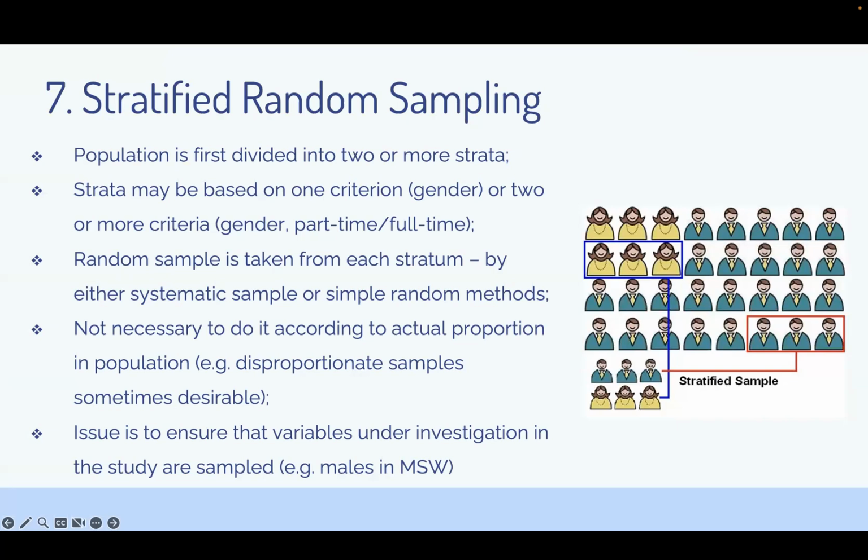For example, we are looking into job satisfaction among social workers. We will want to make sure we include both part-time folks and full-time folks in our sample to see the full picture. So stratified random sampling gives us a tastier approach to research, making sure we get a balanced mouthful of insights from all corners of our population.